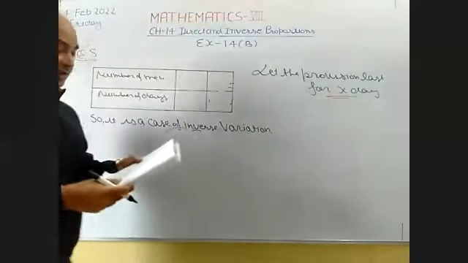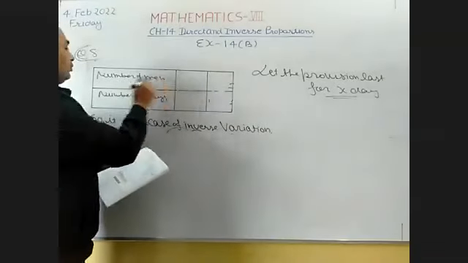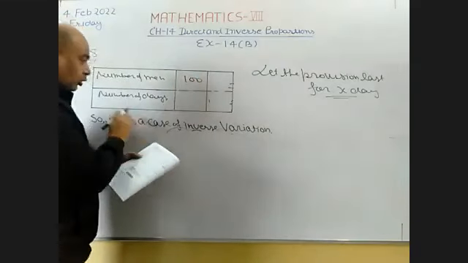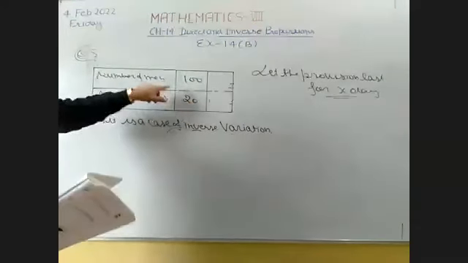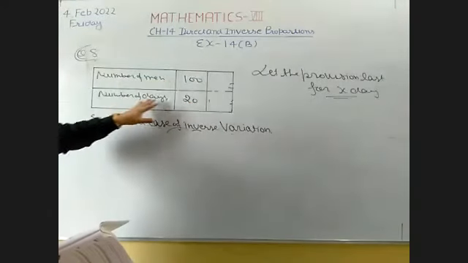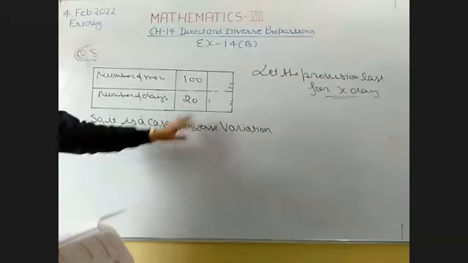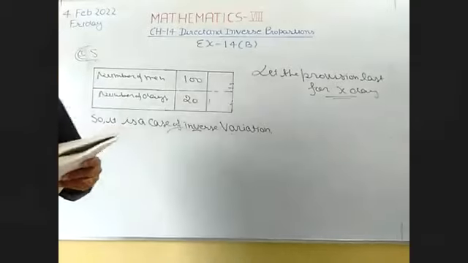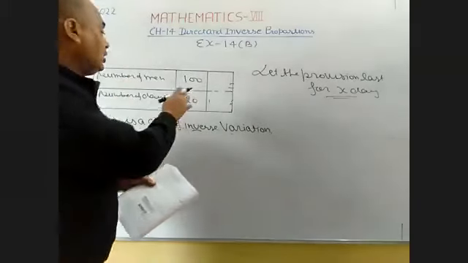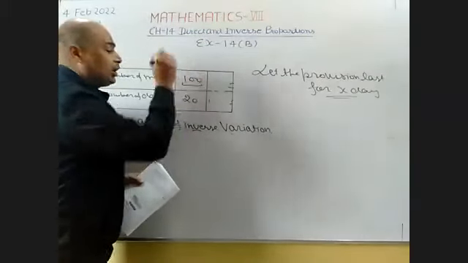Now see what is given in this question. When the number of men is 100, the provision is for 20 days. Is this step clear to everyone? Okay. Now they are joined by 25 men. Now we are going to increase the previous strength by 25 men.